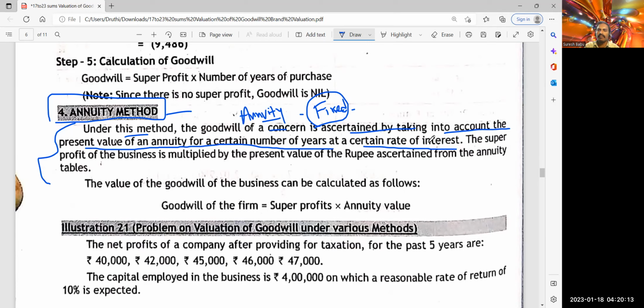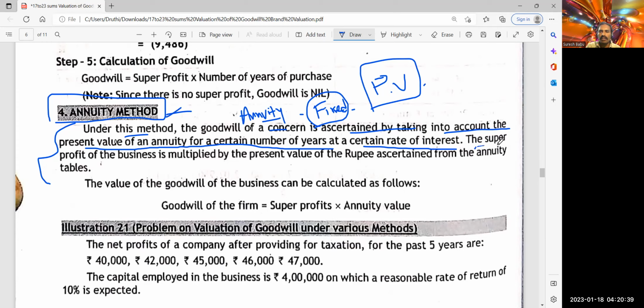That means the future cash inflows are being calculated using the present value technique. The present value technique is known as the annuity method.